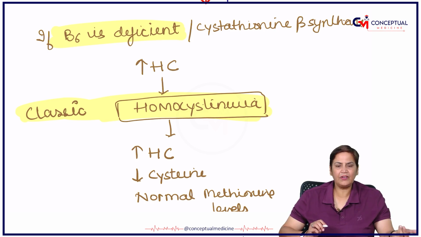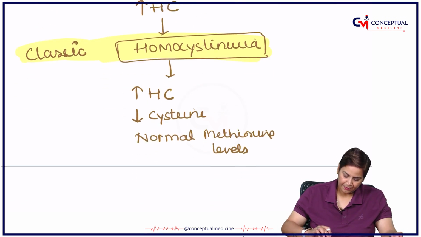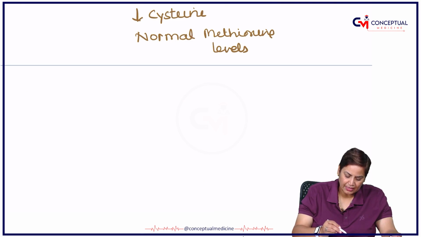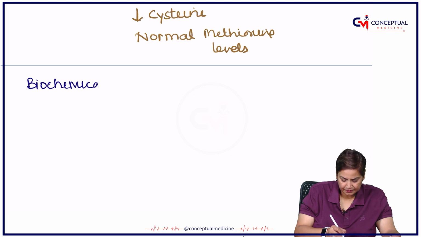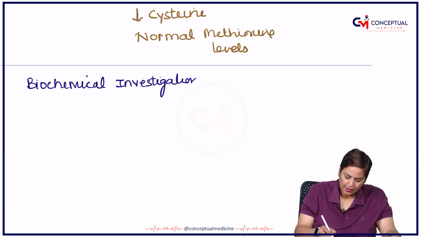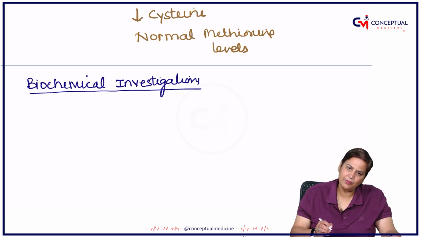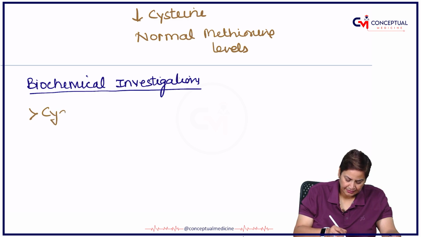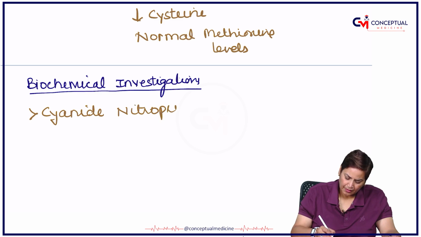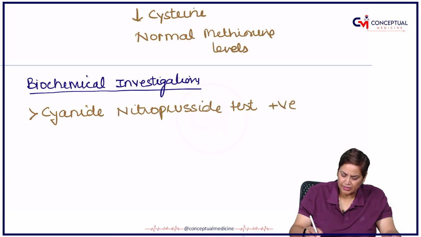Right. So if we talk about the biochemical investigation, what are the first of all tests? Okay. So if we talk about the biochemical investigations, we can say that cyanide nitroprusside test will be positive in both.